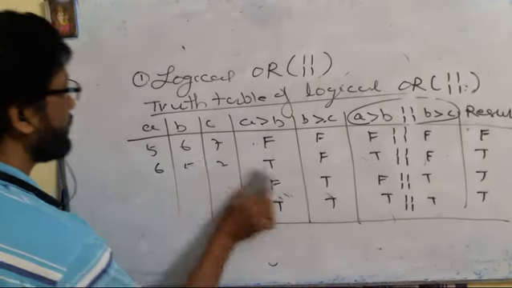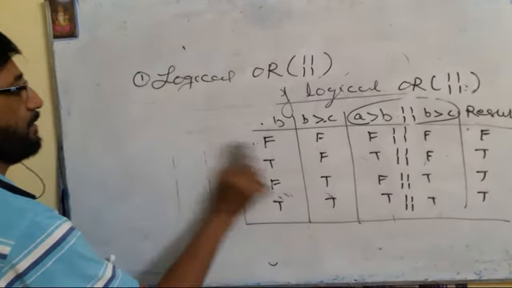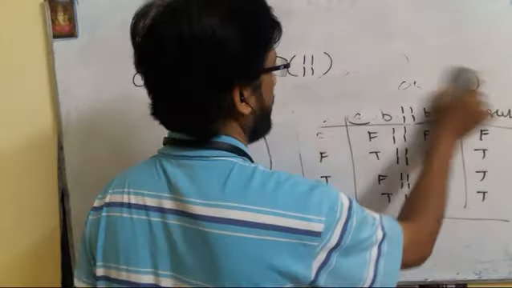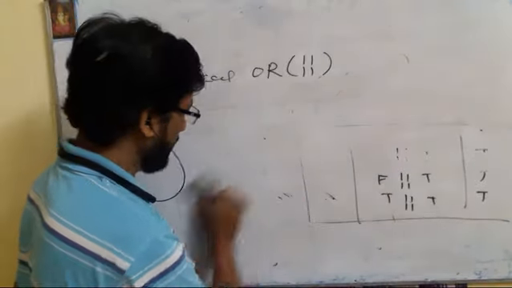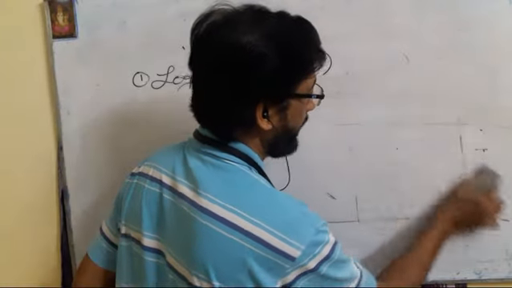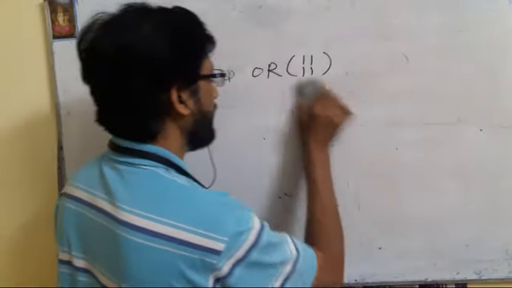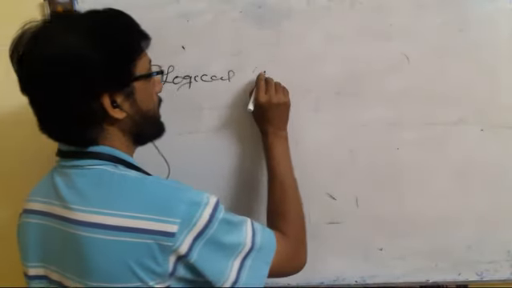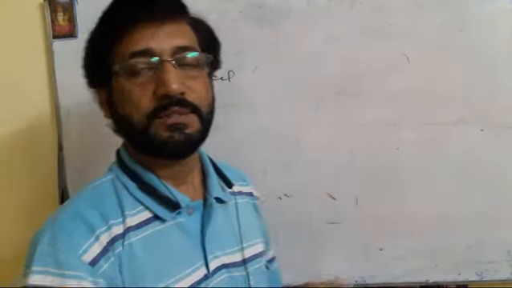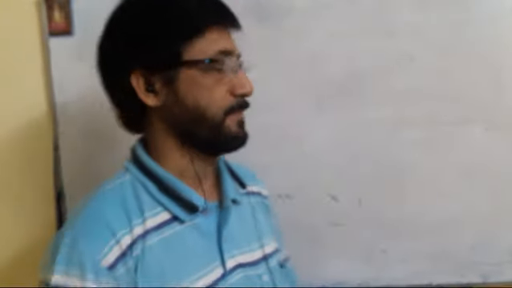Okay. Now next one we will discuss is logical NOT. Logical NOT is a unary operator. It takes one operand, that is a relational expression. If the result of the relational expression is true, then the result of the logical expression formed by logical NOT is false, and vice versa.